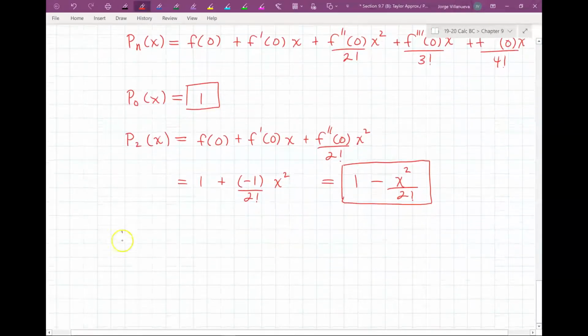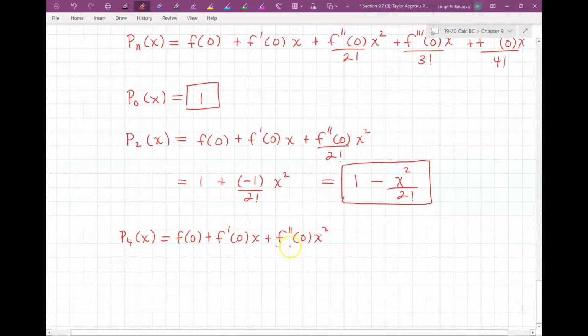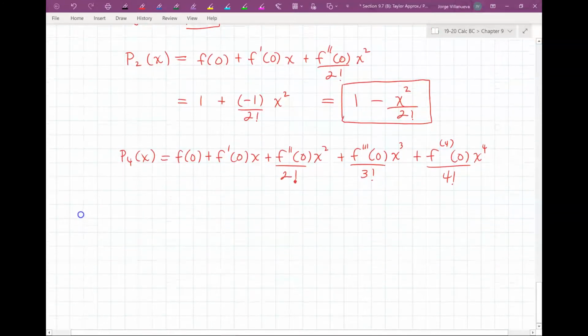Now p sub 4. That would be f of 0 plus f prime of 0 x plus f double prime of 0 x squared over 2 factorial plus f triple prime of 0 x cubed over 3 factorial plus f quadruple prime of 0 x to the 4th over 4 factorial.